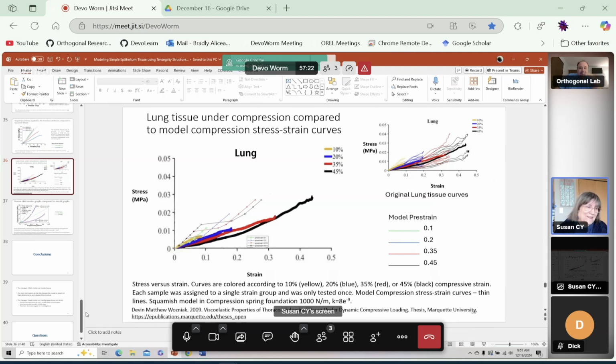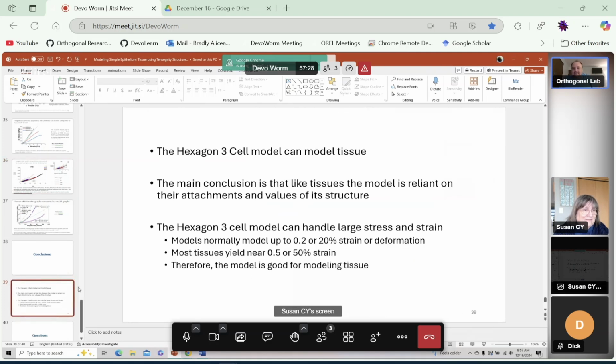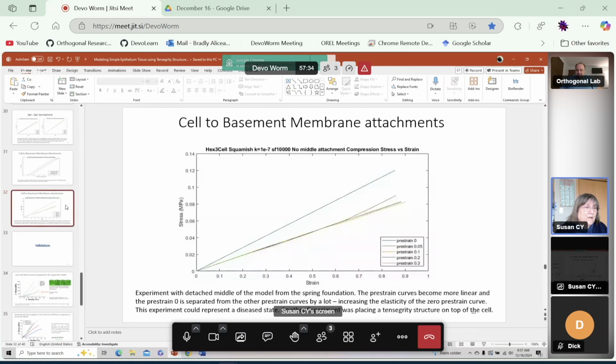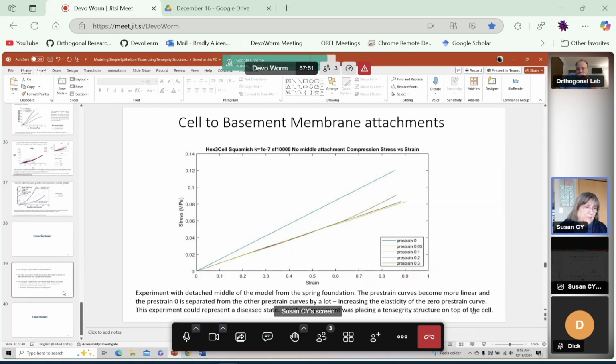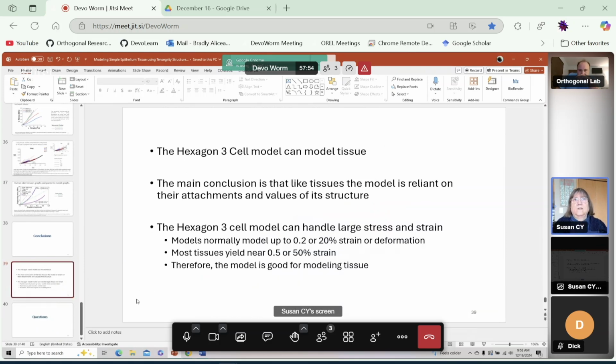Any questions? If you just go to your conclusions, I guess. I did show one of the small experiments where I took the elastic foundation off of the middle of the model, and it didn't work very well. I didn't include that in the conclusions, but when I started this, one of the things I wanted to see is if you change the foundation of the tissue, it changes its reaction.